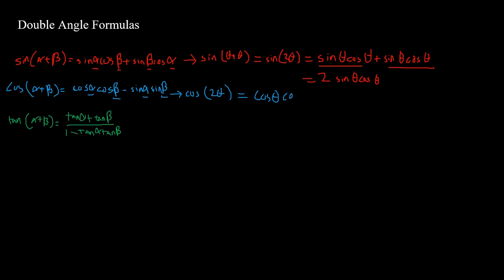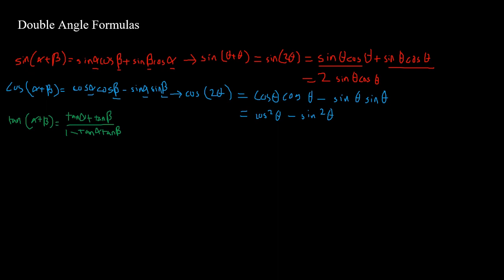We get cosine theta cosine theta minus sine theta sine theta. Cosine theta is multiplying itself, so that's cosine squared theta, and sine theta is also multiplying itself, so that's sine squared theta.